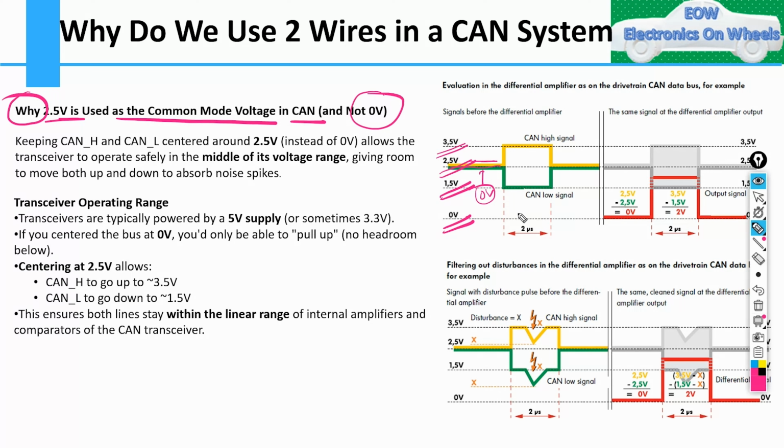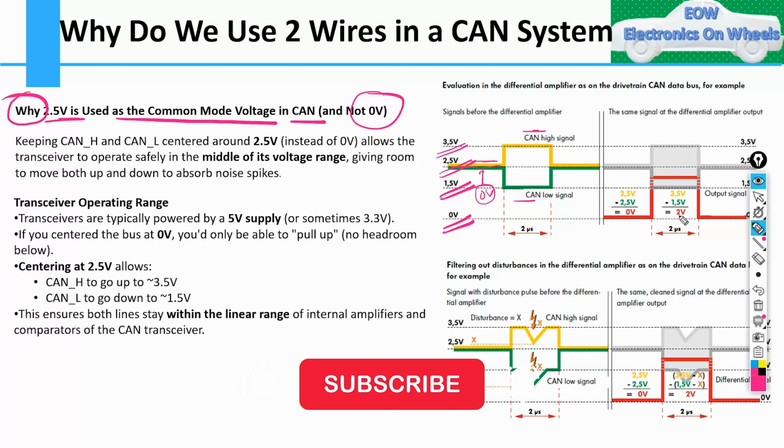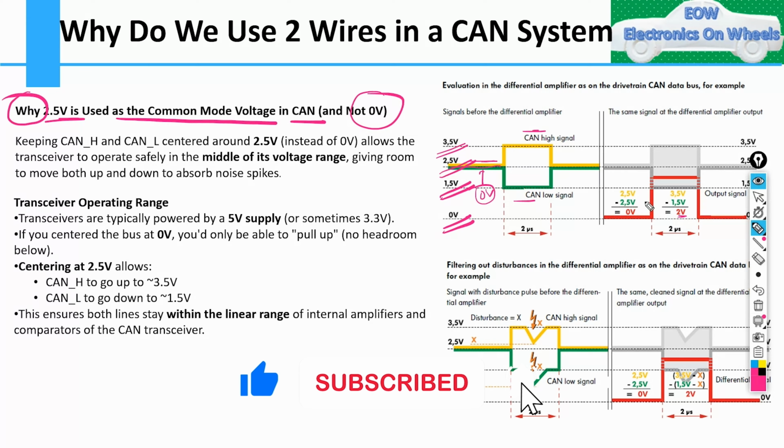But when the CAN low signal goes to 1.5 volt and the CAN high signal goes to 3.5 volt, the difference would be 2 volt. So this is what has been shown. The same signal at the differential output will become 0 here, and here it will become 2 volt. This is the output signal.